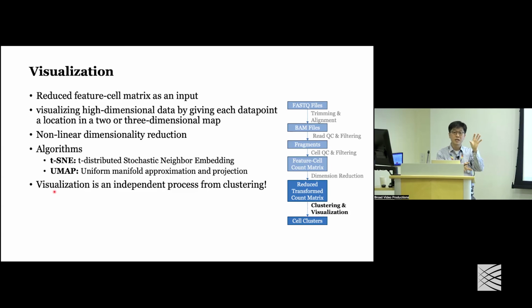They use the same input, but completely different algorithms are applied for clustering and visualization. That's why oftentimes when you overlay the clustering labels on this t-SNE or UMAP visualization, some of them do not really match each other. So that's important to remember.